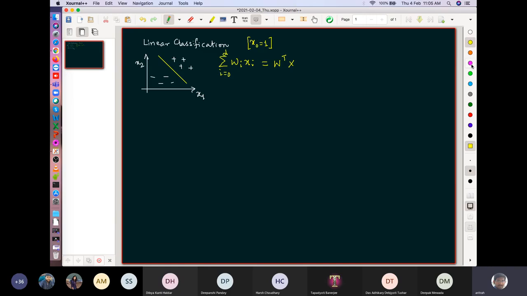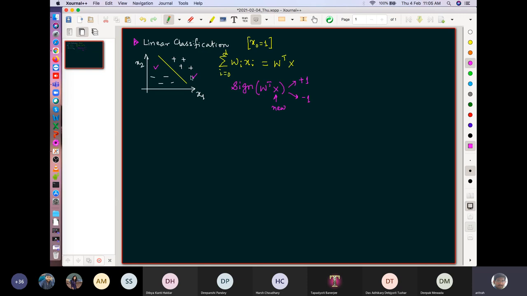Upon getting a new x, I try to see the sign of this and classify whether it's a plus 1 or a minus 1 class. That means whether it belongs here or here. That's how we did linear classification yesterday.